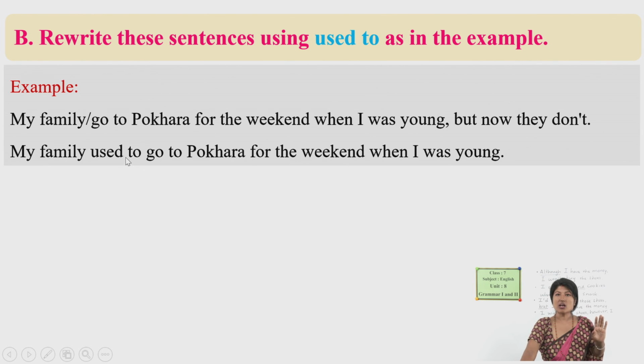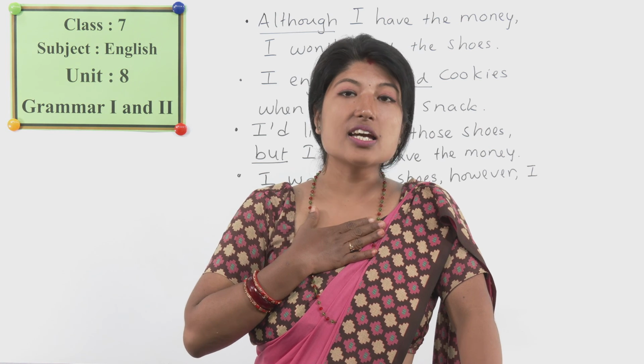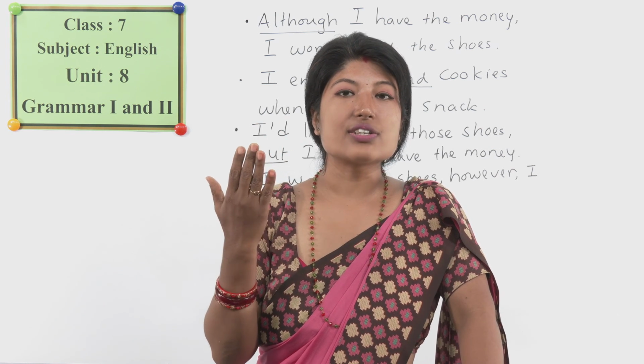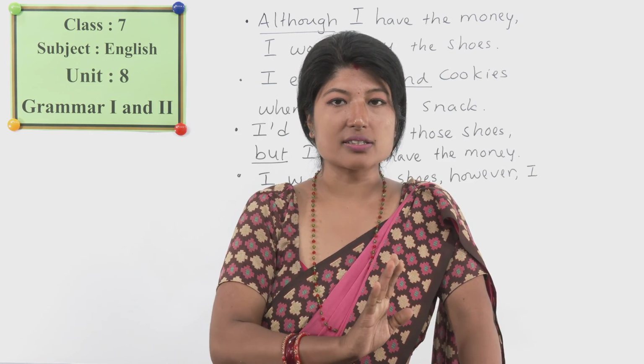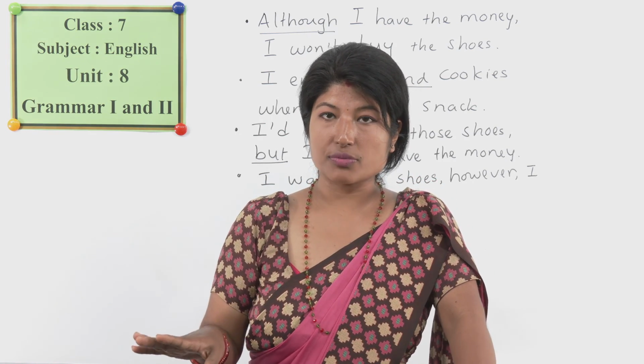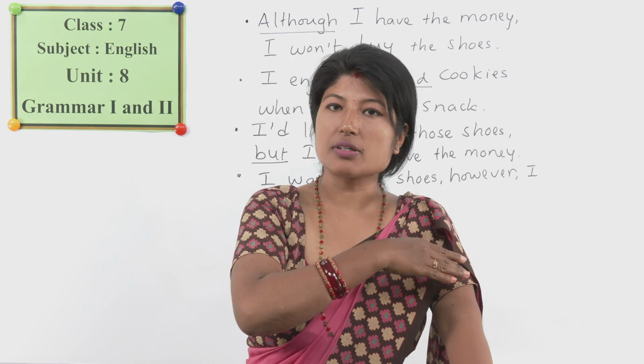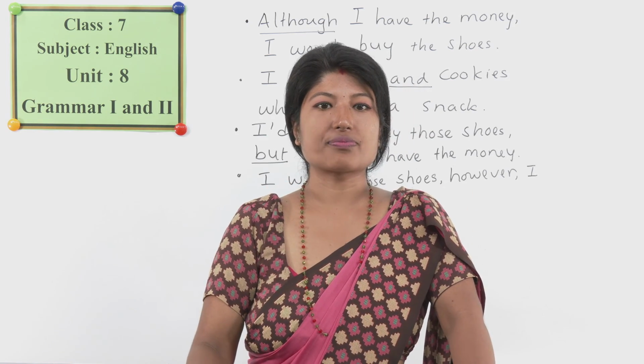It talks about our past habits, which we do not have now. What example did I give you last time? I used to drink milk in the past, but I don't now. The habit that we used to do in the past, not now.